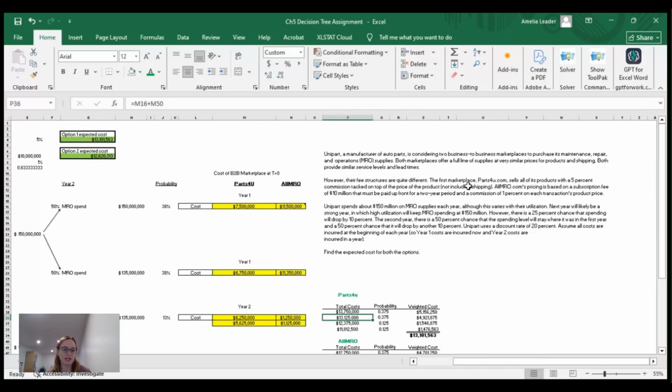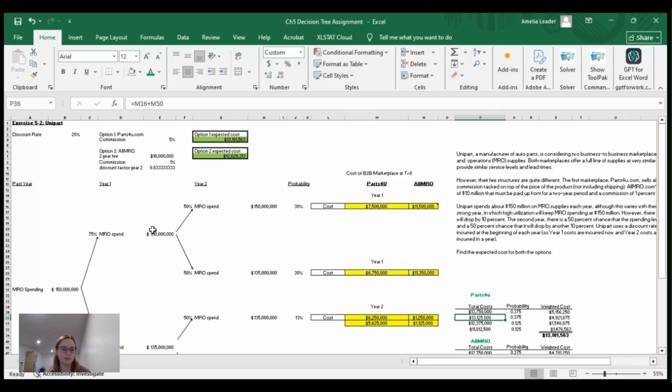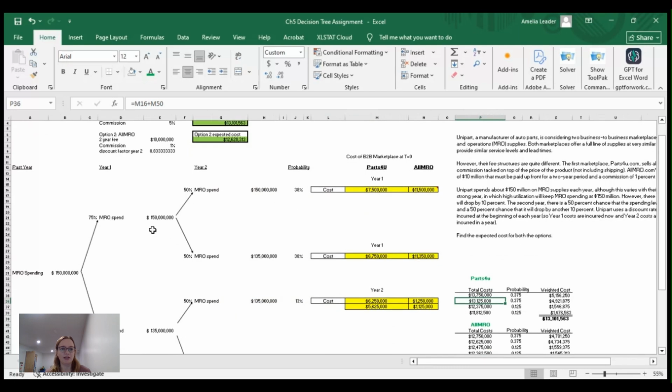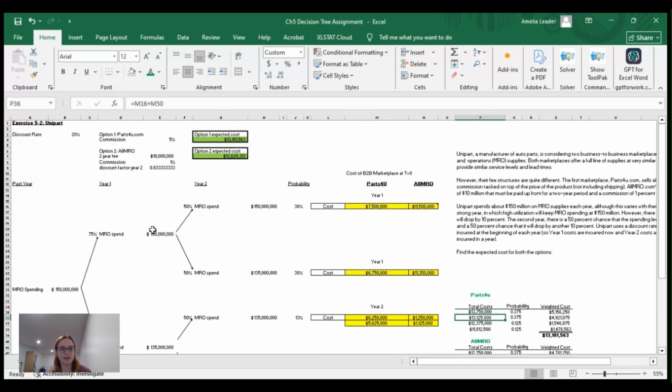MRO spending will be 150 million in either case. And for Parts for U, as you can see here, there's a commission of 5%, regardless of how much they buy. Every part is 5%.